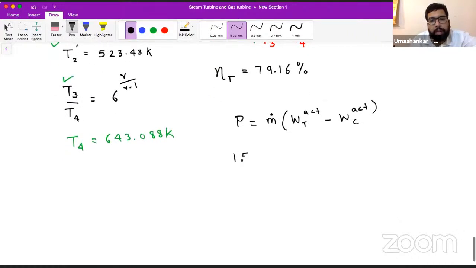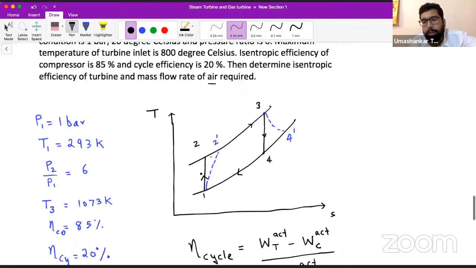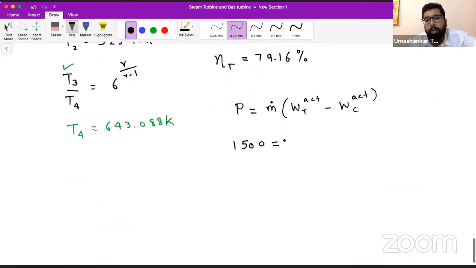So let's put 1500 here. Since nothing is given about CP, CV, we will consider air, and we will consider CP, CV, gamma as constant, and we will put the value of CP here.